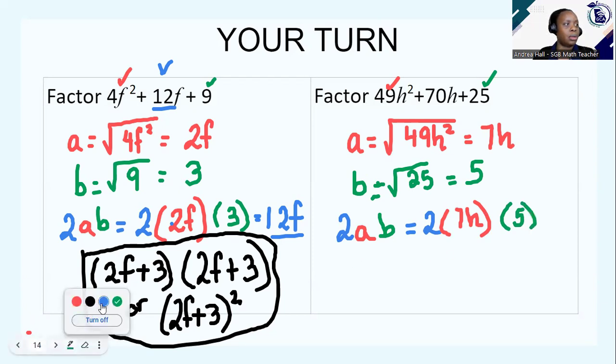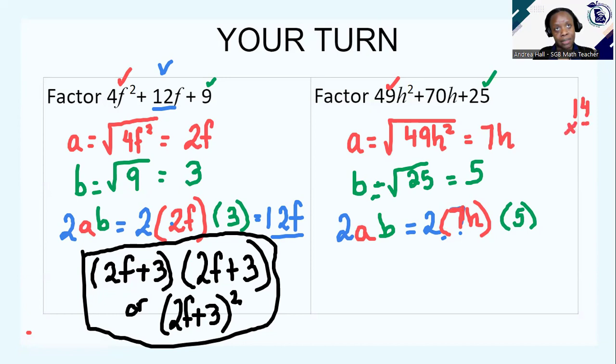I know that 2 times 7 is 14. Hold on. 2 times 7 is 14. 14 times 5.